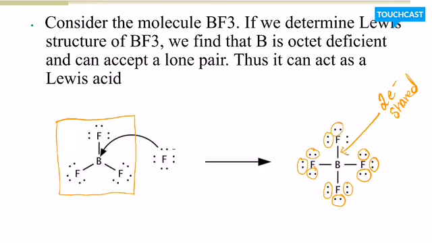Okay? So what you have over here is the product here, BF4. All of the fluorines have an octet, 8 valence electrons, but the overall charge of this entire compound is negative. It's a -1. But what's fascinating about BF4 is that when it's in water, it will actually have a tendency to pull the water a little bit in a separate direction, causing the overall acidity or basicity of the solution to change.